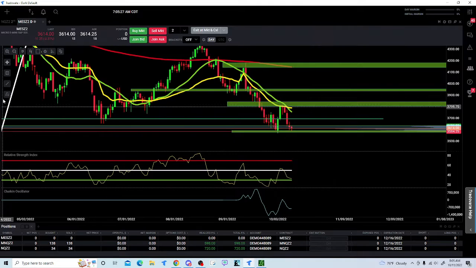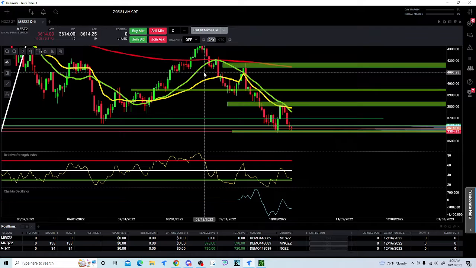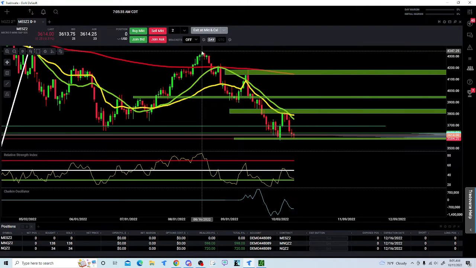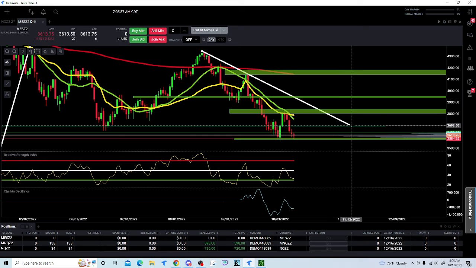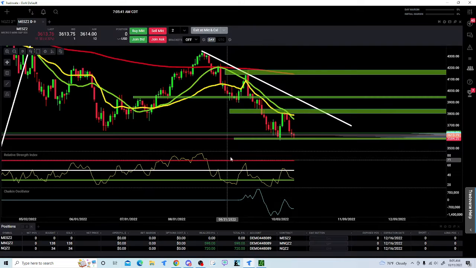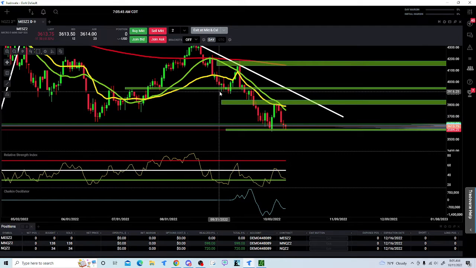Let's go ahead and mark off our zones. We got some nice ranges here. We got some nice channels going on. Getting these marked off.